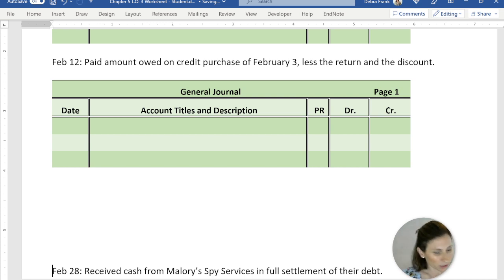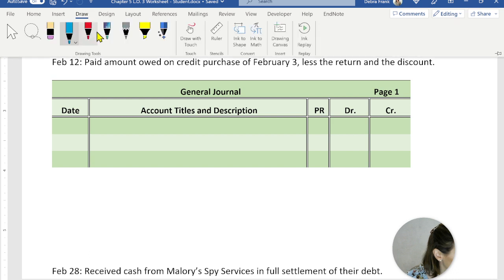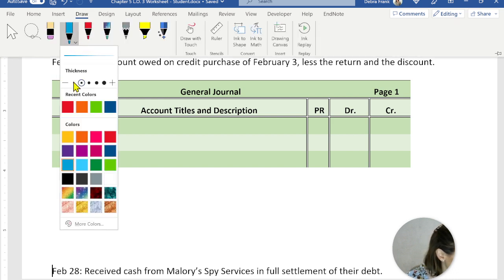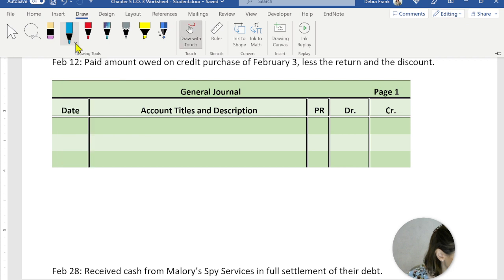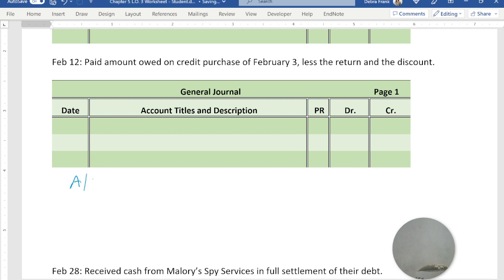And let's go ahead and get this drawing pen. Make it slightly smaller there because it was too thick for me. All right, so this is our accounts payable that we owed to J Bond, I believe. All right, so that's our T account for that accounts payable for February 3rd.